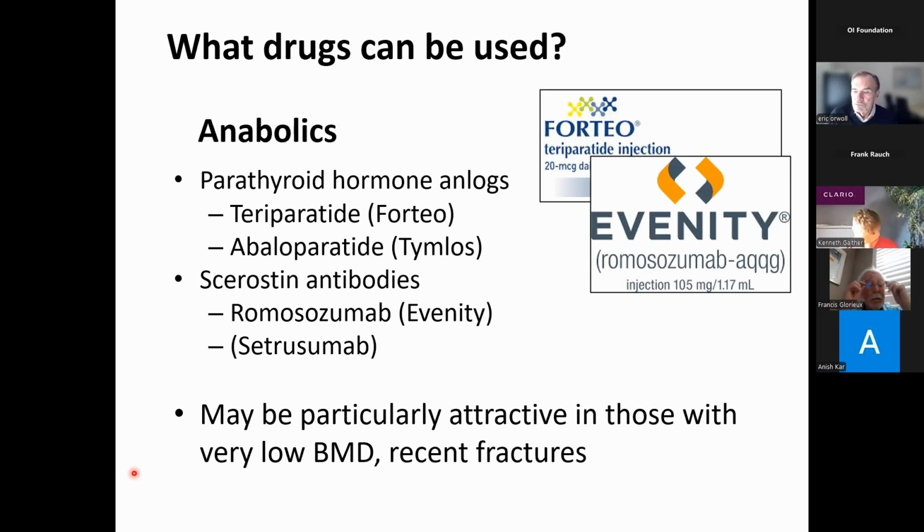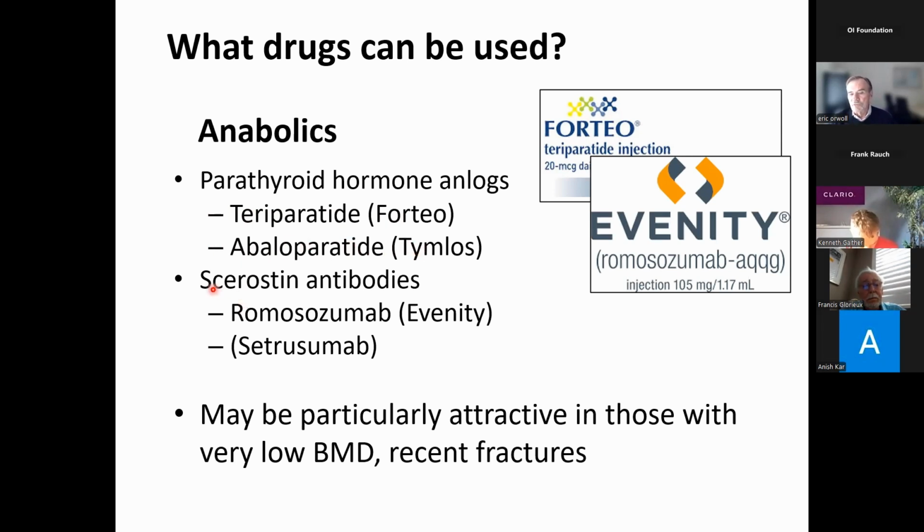There are two kinds of anabolics that are on the market. Again, they were developed and are on the market for osteoporosis, but we use them in people with OI. The first is parathyroid hormone analogs like teriparatide or Forteo or abaloparatide or Tymlos.